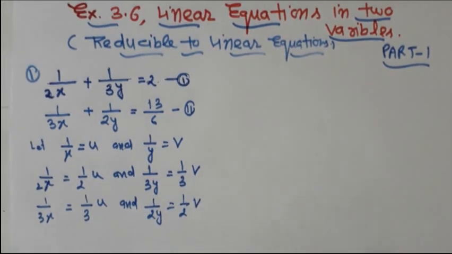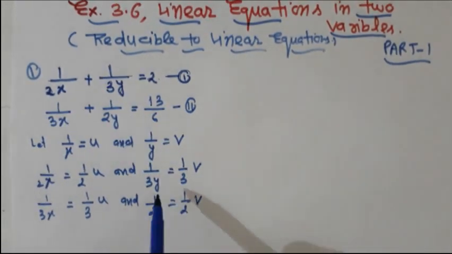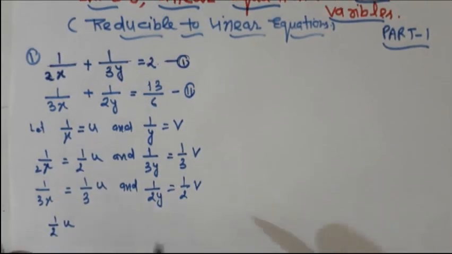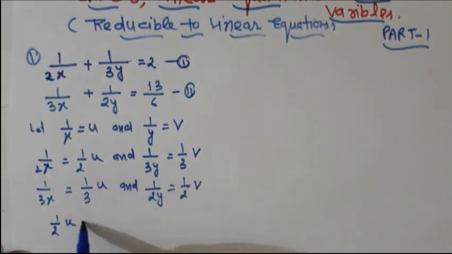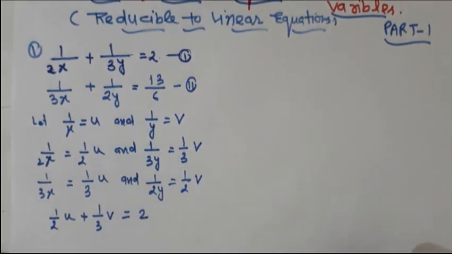Now the equations are reduced: the first one becomes 1 upon 2u plus 1 upon 3v is equal to 2.